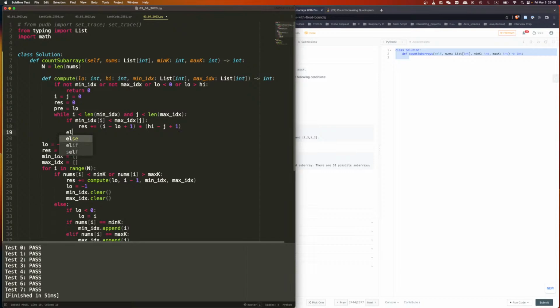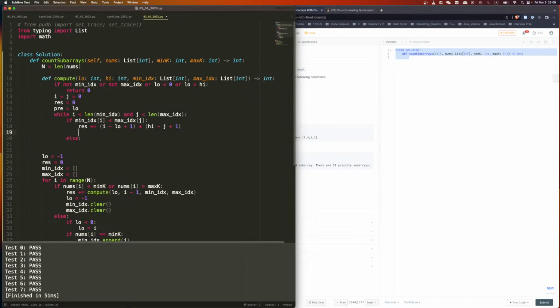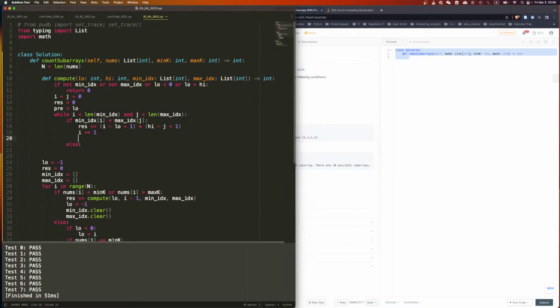Right, else, if j is bigger, right? Oh, I haven't done yet. So if this is smaller, then the smaller one moves forward, so i plus equal 1. And pre shall equal to, now this is very important, and I just realized this is not i.